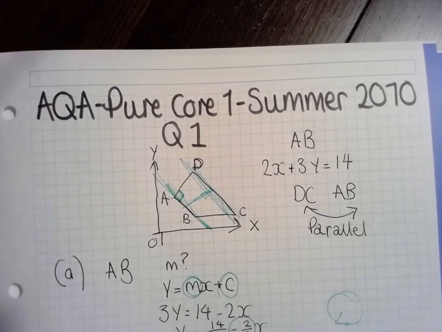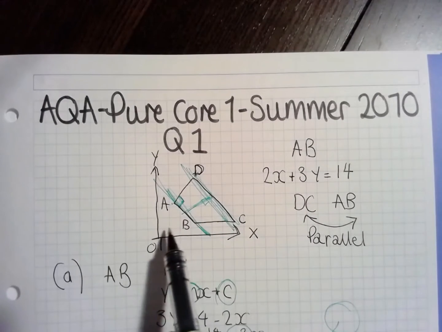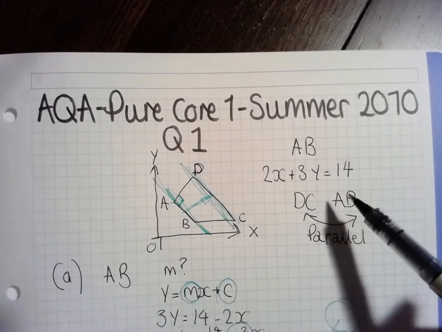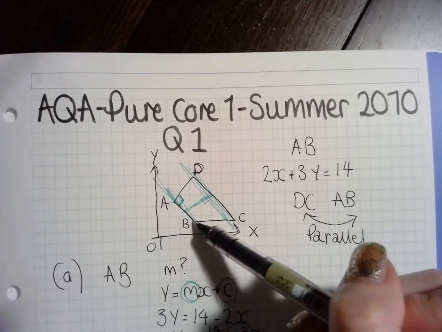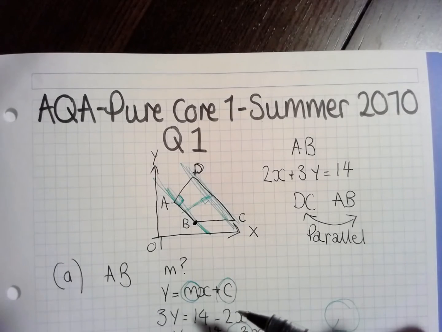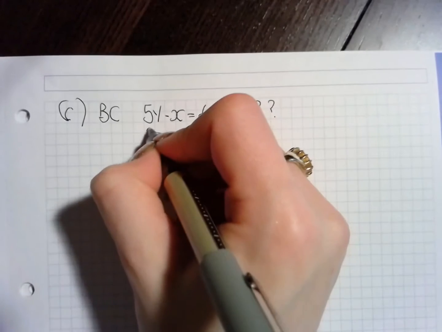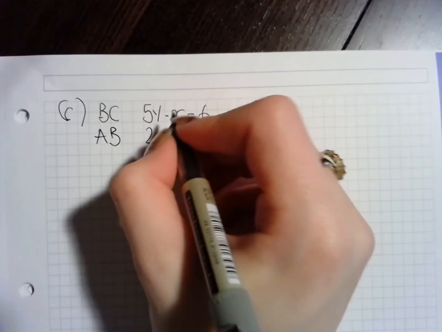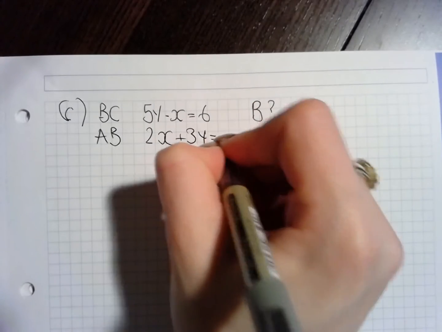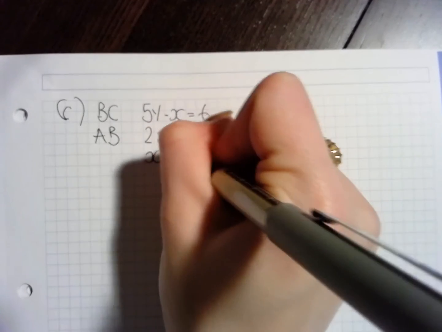It's giving you this line, and you know the line AB because it was given at the start, and you want to find the coordinates of B. Now these two lines intersect, so if you do simultaneous equations on the line, so this is the line AB, 2x plus 3y equals 14, then you find that x equals 4 and y equals 2.